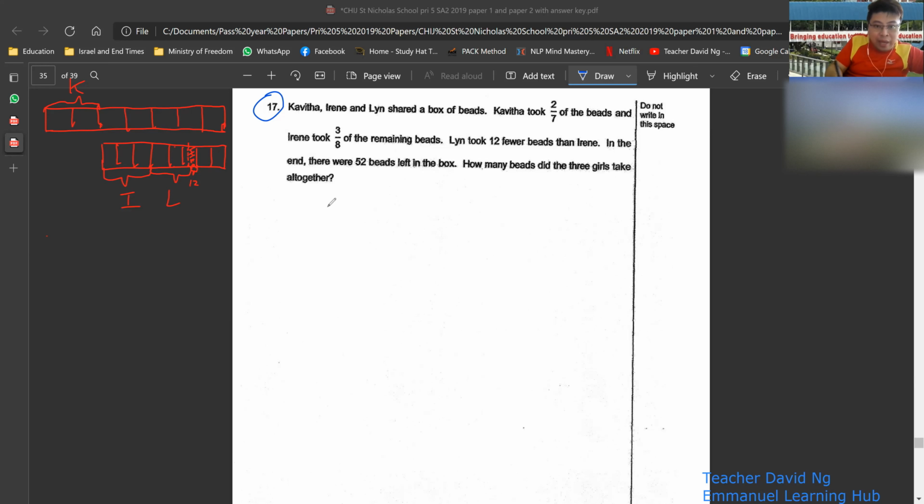Okay. Then there are 52 beads left in the box. Meaning this 2 units here plus 12 is 52. Maybe I draw this way.